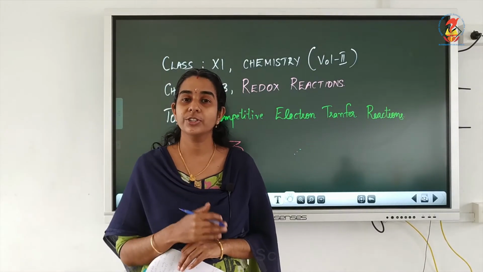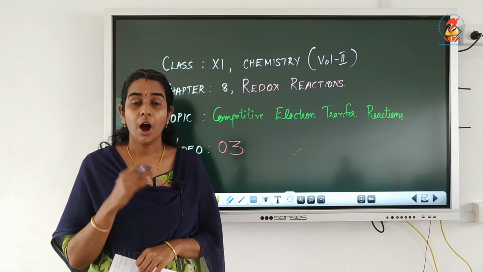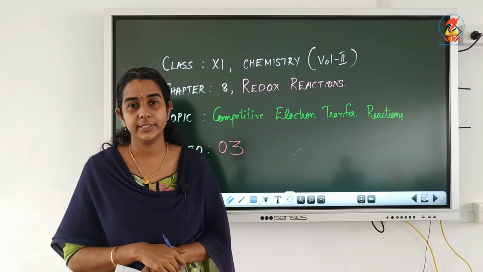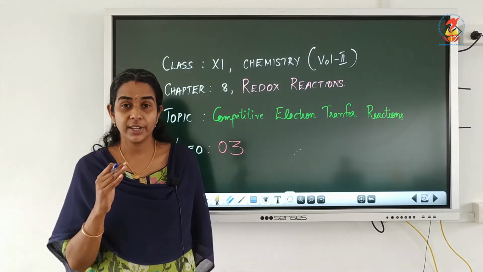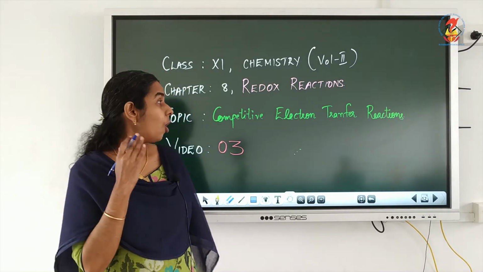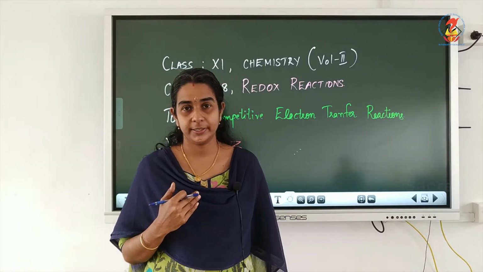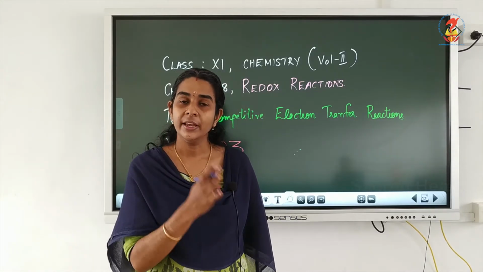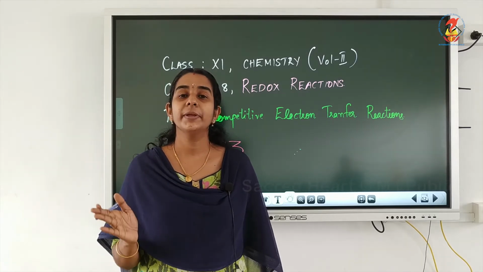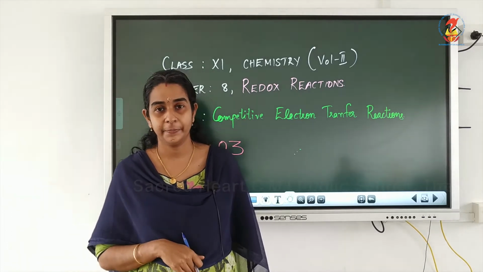A redox reaction we can divide into two half reactions, that is oxidation half reaction and reduction half reaction. That means there will be oxidation, that is losing of electrons, and there will be reduction, that is gaining of electrons, taking place simultaneously.